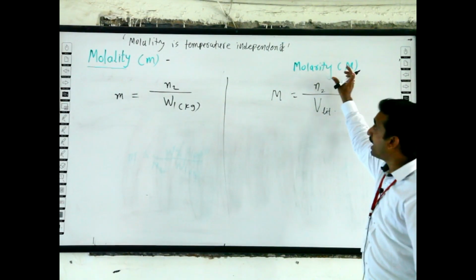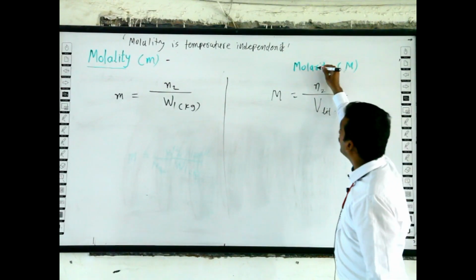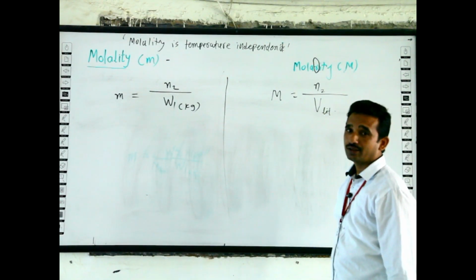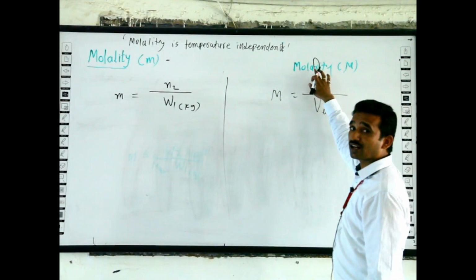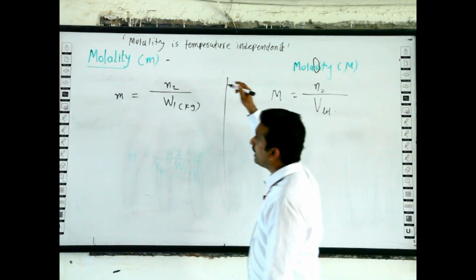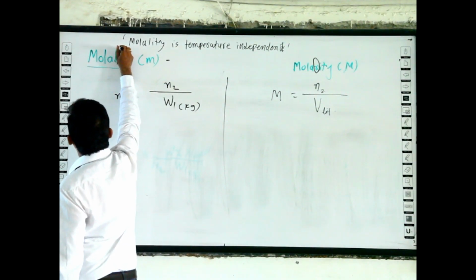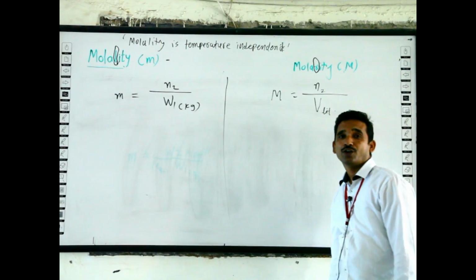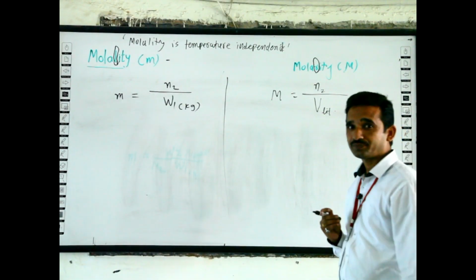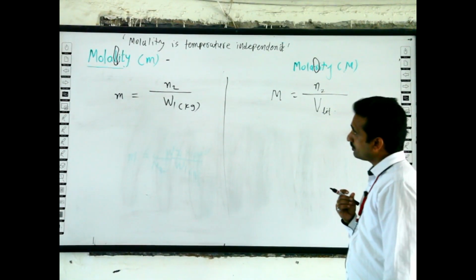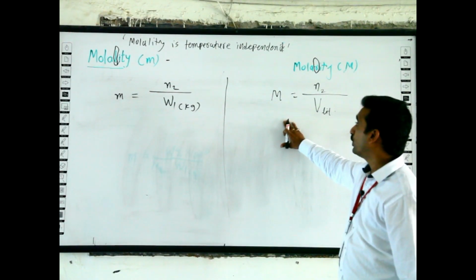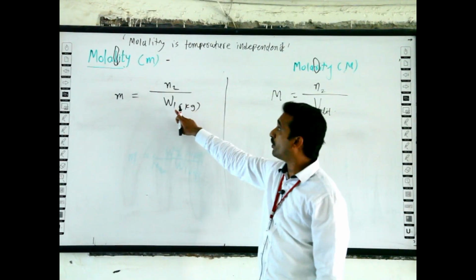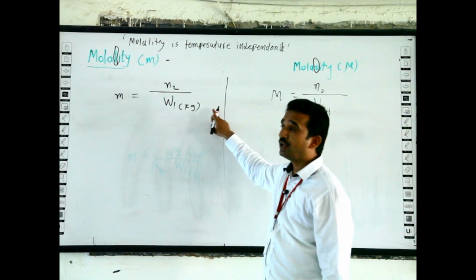For molarity, the only change is about this word. Here molar and here molar. Next one is M is equal to N2 divided by V liter, and m is equal to N2 divided by W1 in kg.